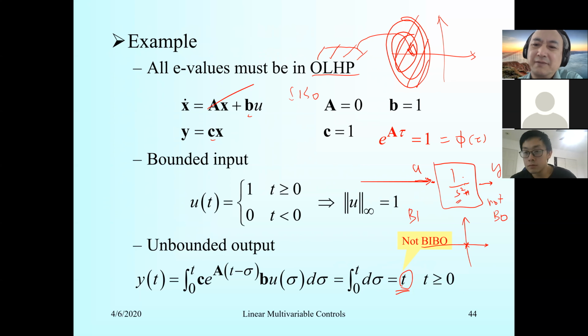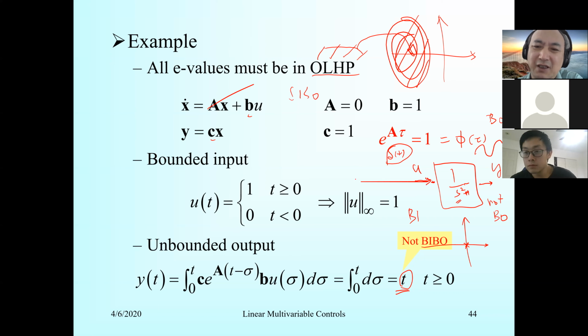So you have BI and BO, okay? If you have delta t as an impulse, then you have a sinusoid.